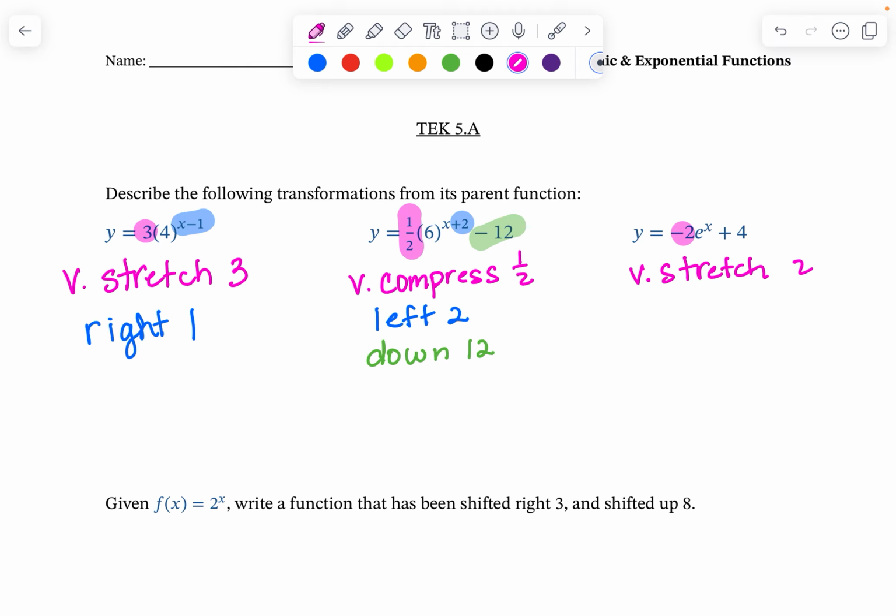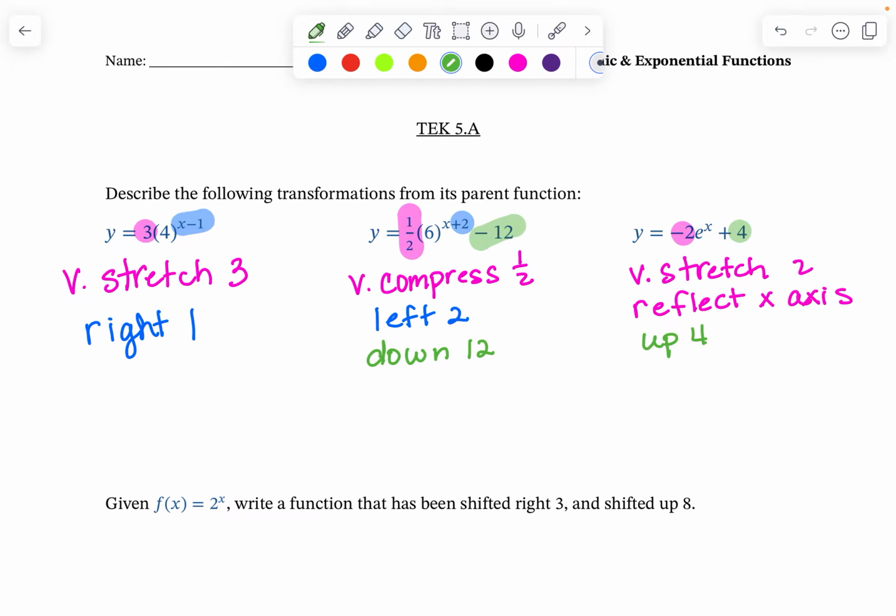Shifted to the right 3. So think about that. When we did that before, that's our h. To the right means it's a positive 3. Then we're going to shift up 8. That's our k. Up means positive.